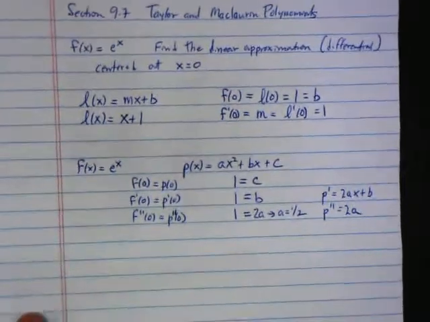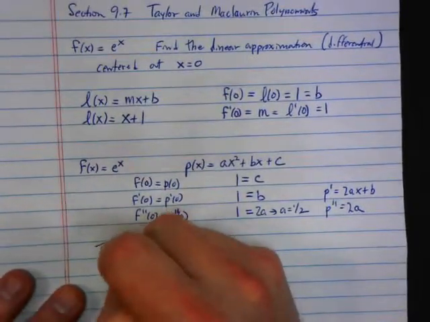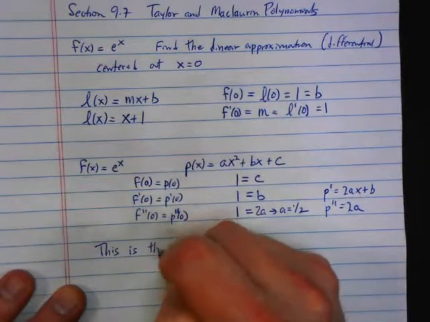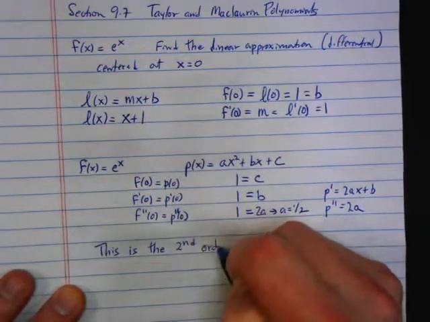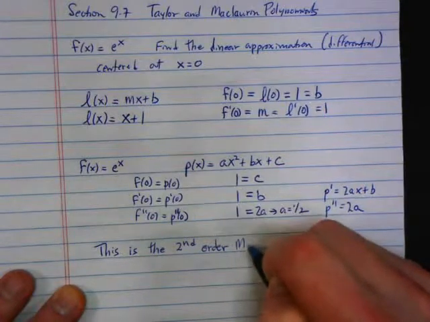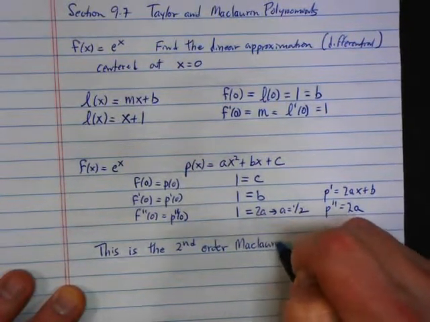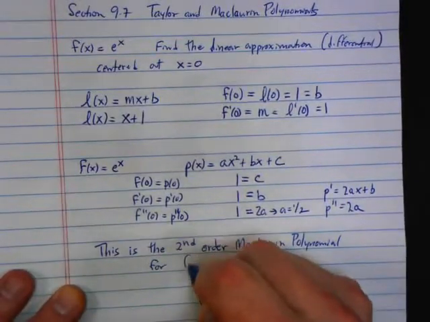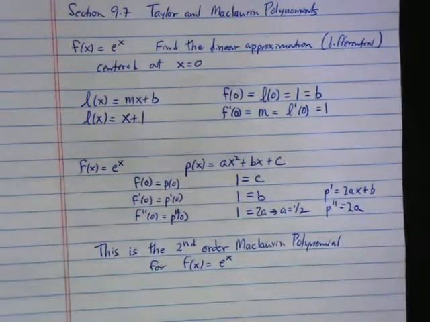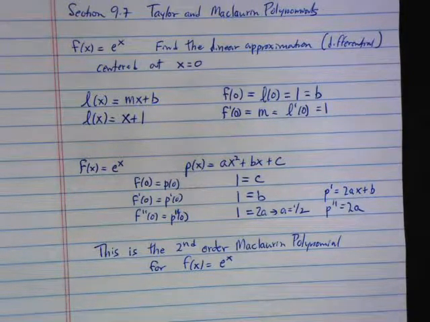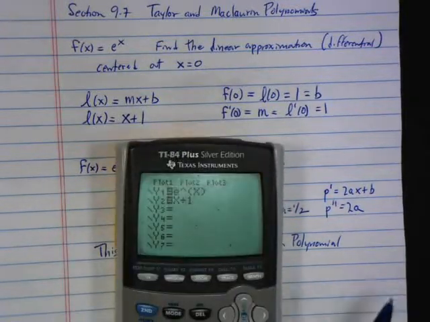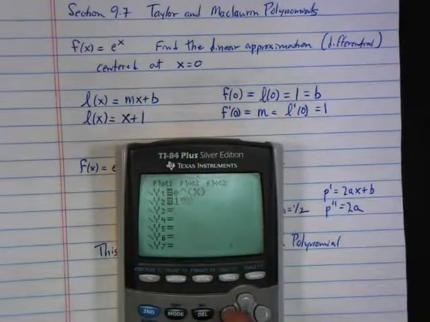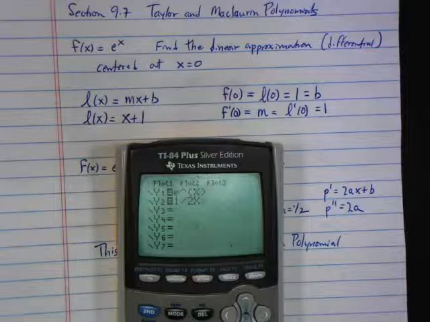All right, so what we just did is called the second order Maclaurin polynomial for f of x equals e to the x. So let's see how that looks on the calculator. We have 1/2 x squared plus x plus 1.